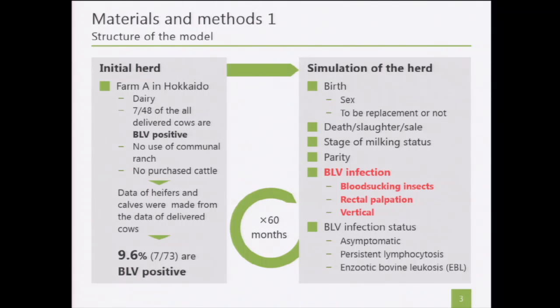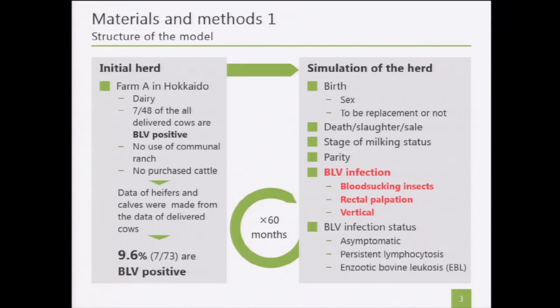This farm didn't use common ranches and didn't introduce cattle from other farms. The data for heifers and calves were made from the data of delivered cows. Finally, 73 cattle, which include 7 BLV positive cows, were set as the initial herd, and the change of the herd was simulated.